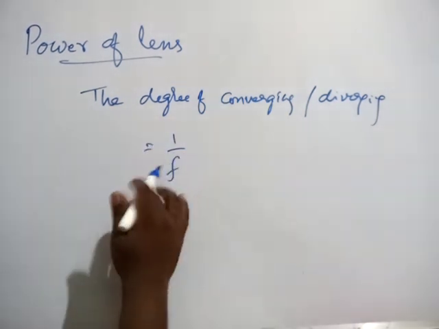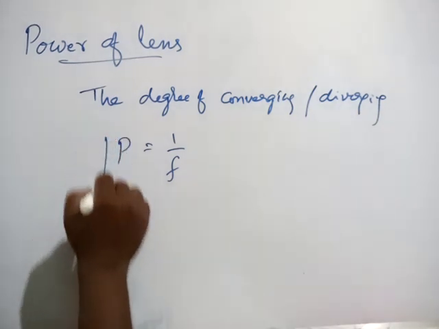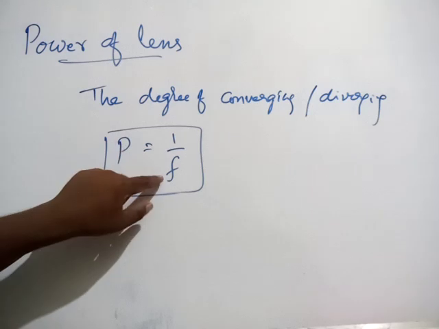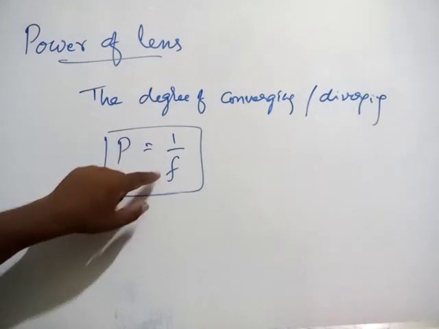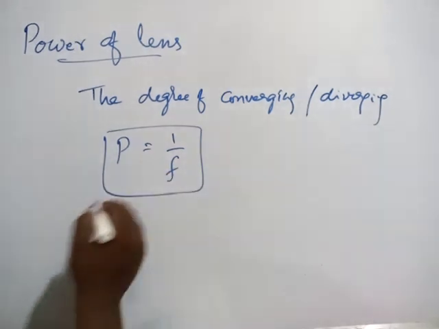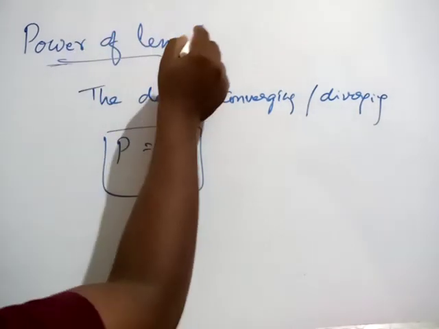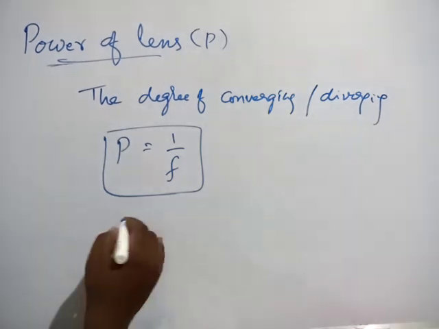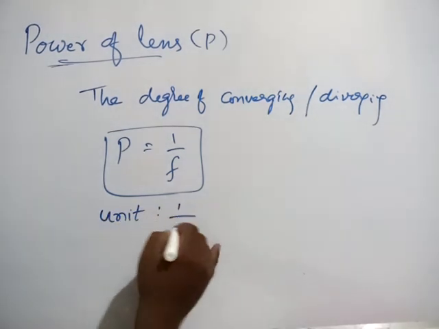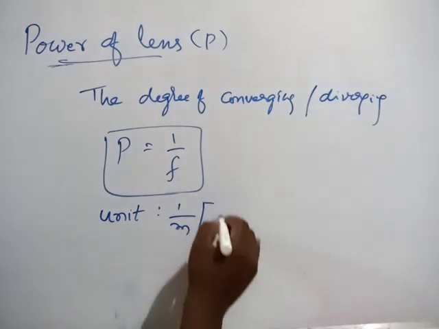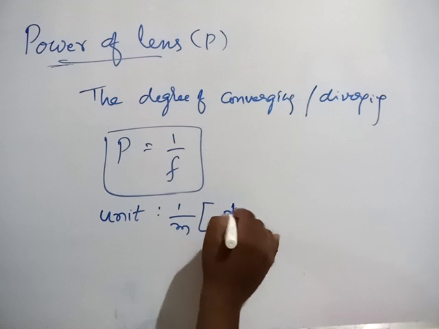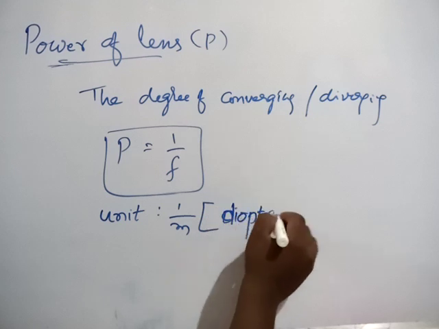The reciprocal of the focal length of the lens, either concave or convex, that reciprocal of the focal length is what we call power of the lens, P. Its unit is 1/meter, also called diopter.